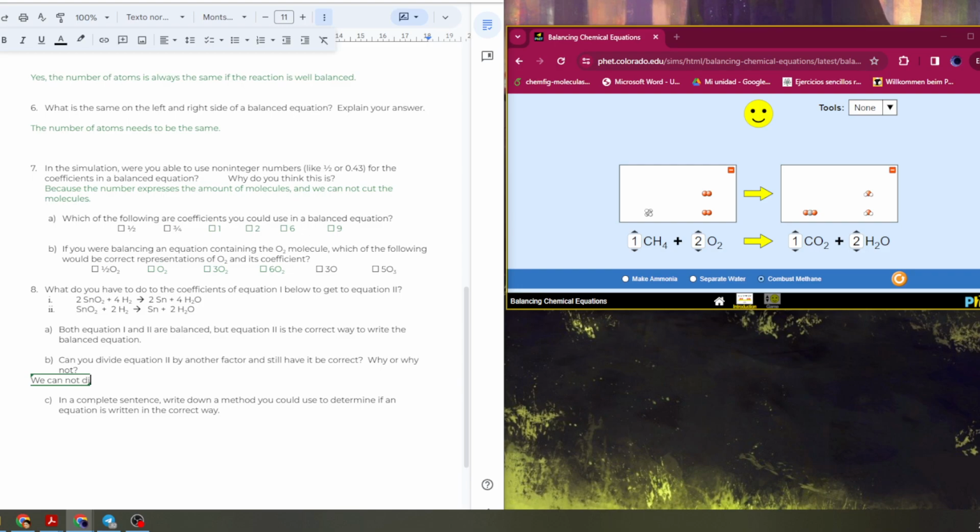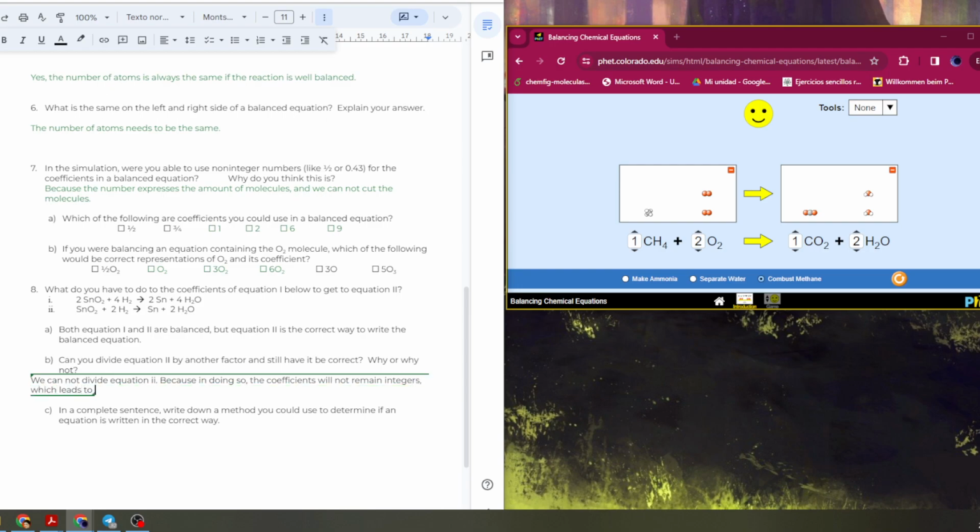We cannot divide the equation because in doing so the coefficients will not remain integers, which leads to not complete molecules, and that doesn't have any chemical meaning.